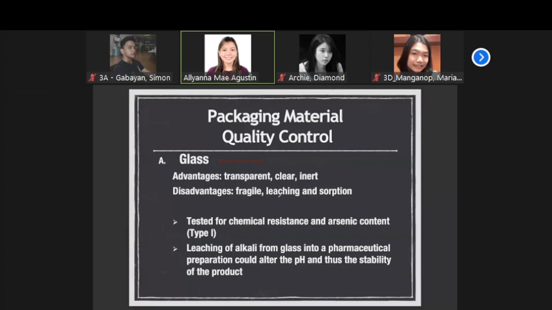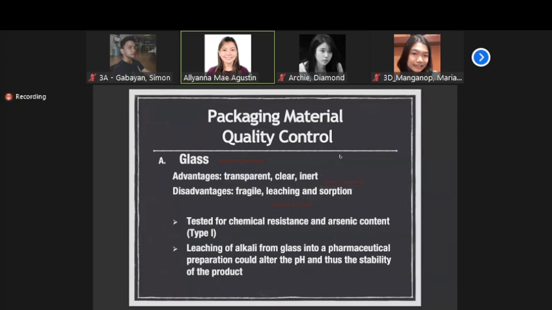In leaching, the base from the glass container goes into the product. Whereas absorption is from the product, the container absorbs it. So it's the reverse.